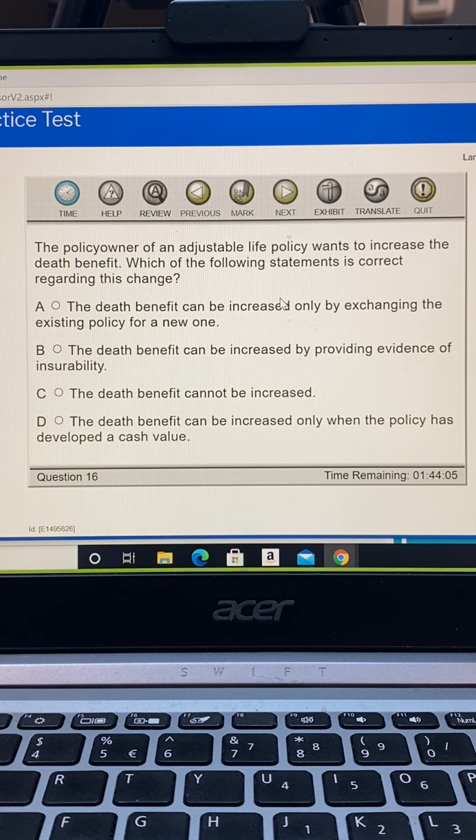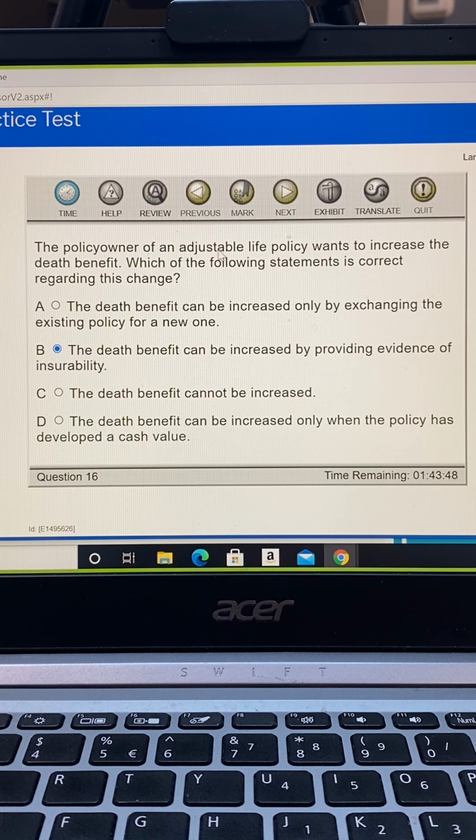Death benefit can be increased only when the policy has developed a cash value. No, it's B. First, no, I'm reading. Oh, okay, you're reading. Well, I just gave the answer to that one. The death benefit can be increased by providing evidence of insurability.